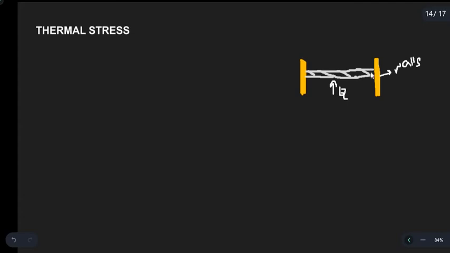Because यहाँ पे आप देखो, rod will try to expand, so it will exert a force towards this side, but now this wall will generate an equal and opposite force towards this side। So there will be a stress developed। So let's find first my strain। I will try to write it as E। So thermal strain will be, I know, which is del L upon L, thermal strain, not longitudinal strain, del L upon L। Now what can we say about del L?